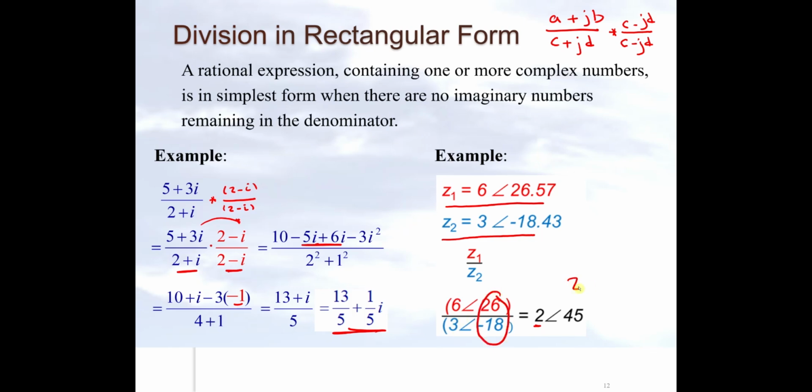So the new phase would be the phase of the numerator, which is 26, minus the phase of the denominator, which is minus 18, and the result is 45. So in the polar format, division becomes a simple division of magnitudes and a simple subtraction of phases. Both are feasible, so you can do it in the rectangular form or the polar form, whichever you are comfortable with, but you should be careful with your steps.